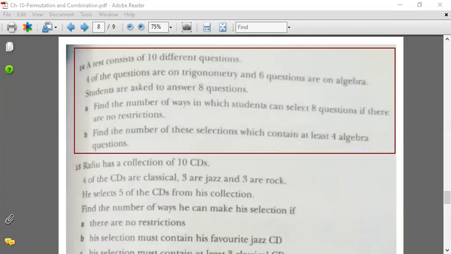A test consists of 10 different questions. 4 of the questions are in trigonometry and 6 questions are on algebra. The students are asked to answer 8 questions. A. Find the number of ways in which students can select 8 questions if there is no restriction. Okay. So we go with part A at first.